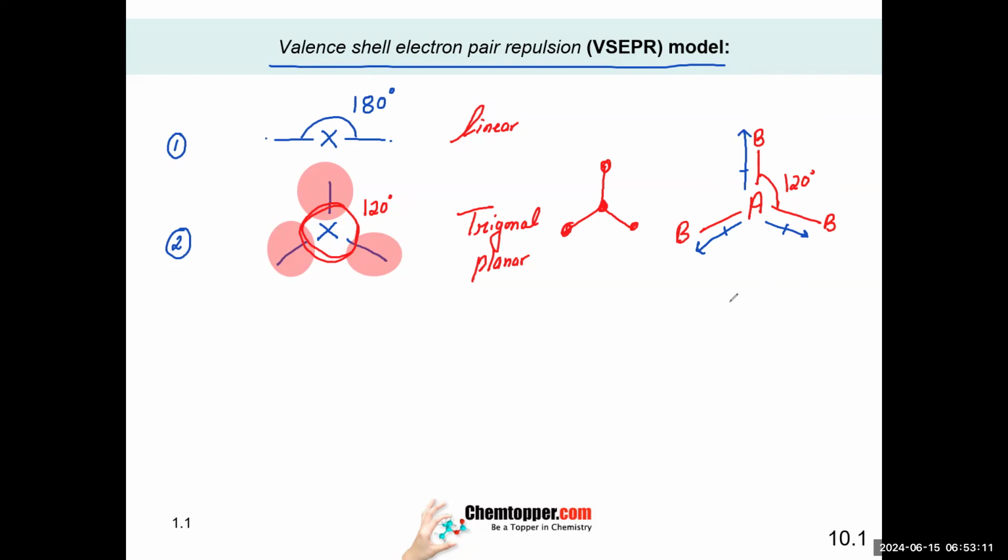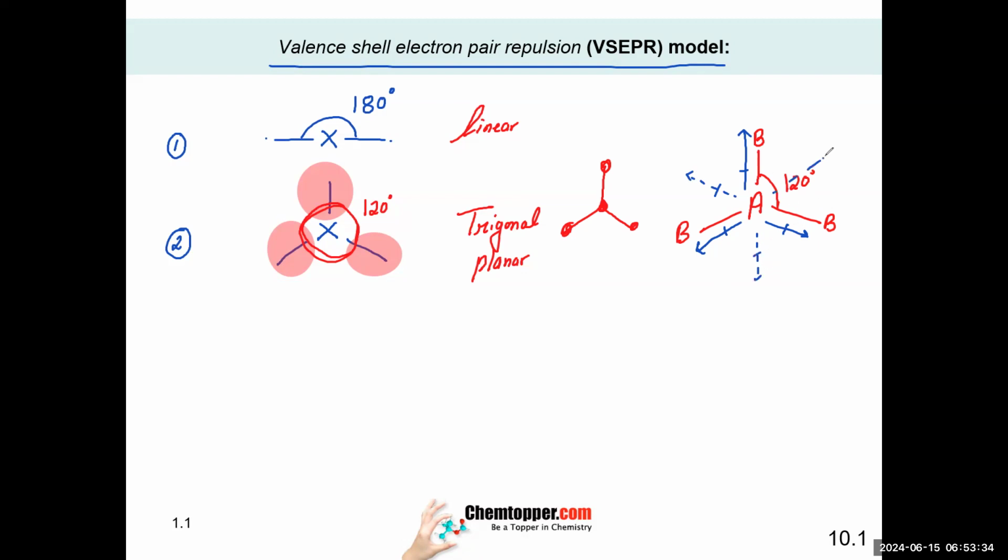How these dipoles cancel out, a detailed explanation is not needed for chemistry. But in mathematics, they are teaching us vector addition, vector subtraction. So these are vector quantities. The sum of these two will go in this direction. The sum of these two will go in this direction.